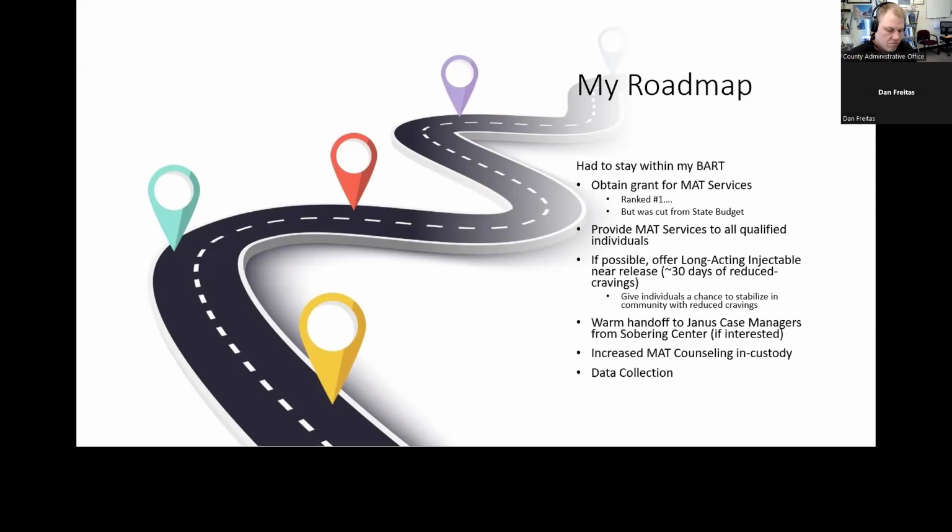For people on MAT services, when they get released, we just call over to Janus or we shoot them an email, and then they say, okay, we'll be over there at 10 a.m. or 11 a.m. And then we could coordinate that release and release that individual right into the care of Janus, who has a case manager there. They are able to actually take some of those people to long-term treatment right off the get-go. Others, they were able to get enrolled in MAT services and at least provide those kinds of services. So there was that warm handoff and hopefully increased success.